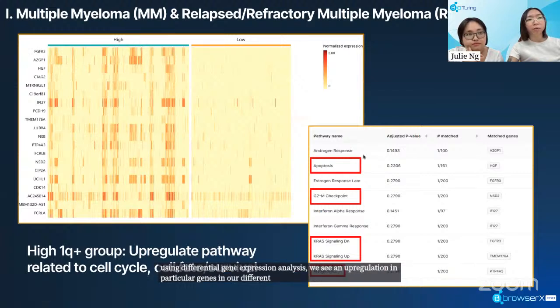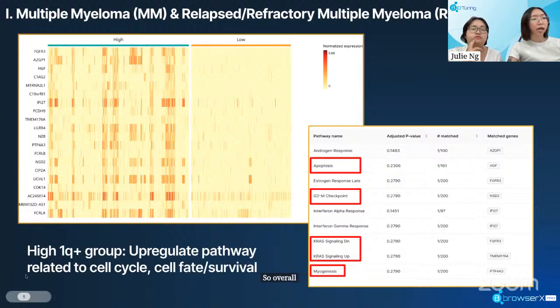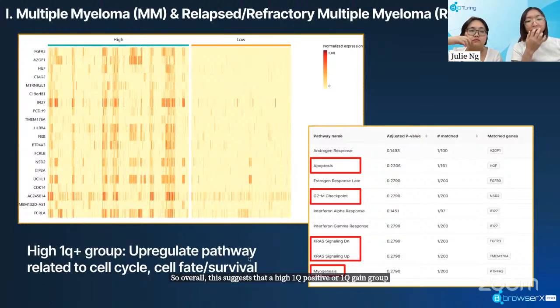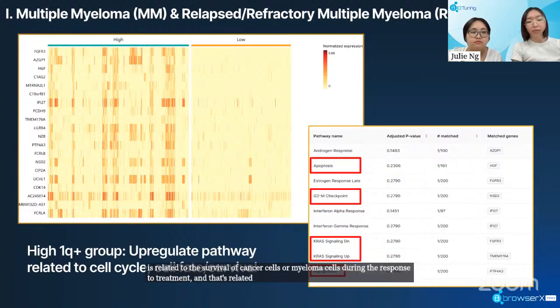We then perform a pathway enrichment analysis, and we see upregulation in pathways such as apoptosis, G2M checkpoint, KRAS signaling, and myogenesis, all of which are related to cell cycle, cell fate, and survival. Overall, this suggests that a high 1q gain group is related to the survival of cancer cells, or myeloma cells, during the response to treatment, and thus related to the relapse of patients.